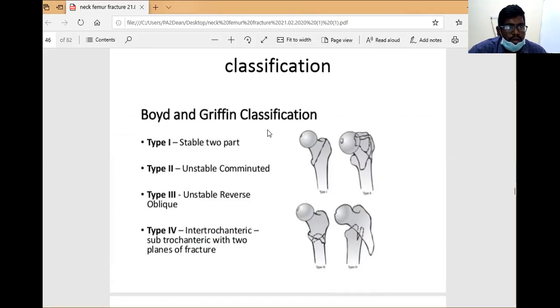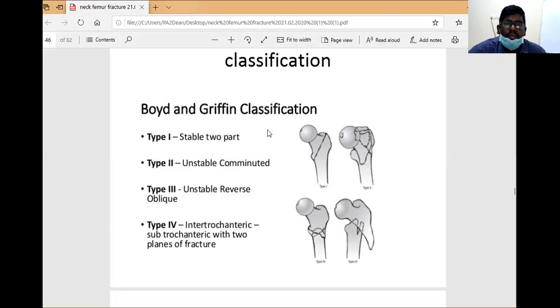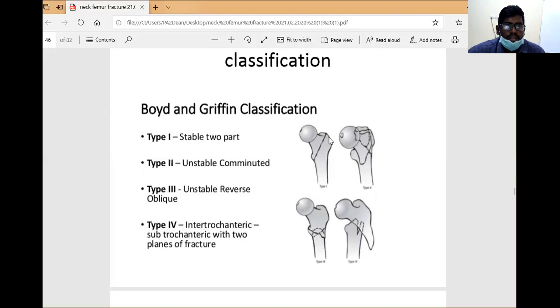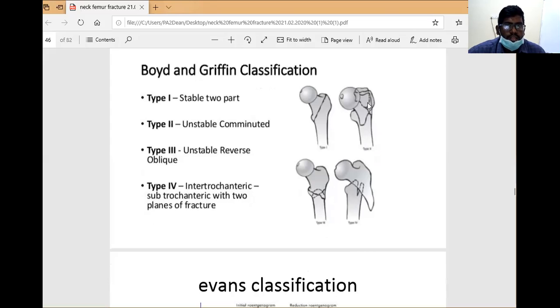And the classification is the Boyd and Griffin classification. It depends on the combination and level of extension of the fracture. Type 1 is a stable, two-part, undisplaced fracture. Type 2 is unstable, meaning a comminuted fracture. Type 3 is reverse oblique, where the fracture line runs from the lesser trochanter downwards. A normal intertrochanteric fracture runs from the greater trochanter to the lesser trochanter, so it is called intertrochanteric.